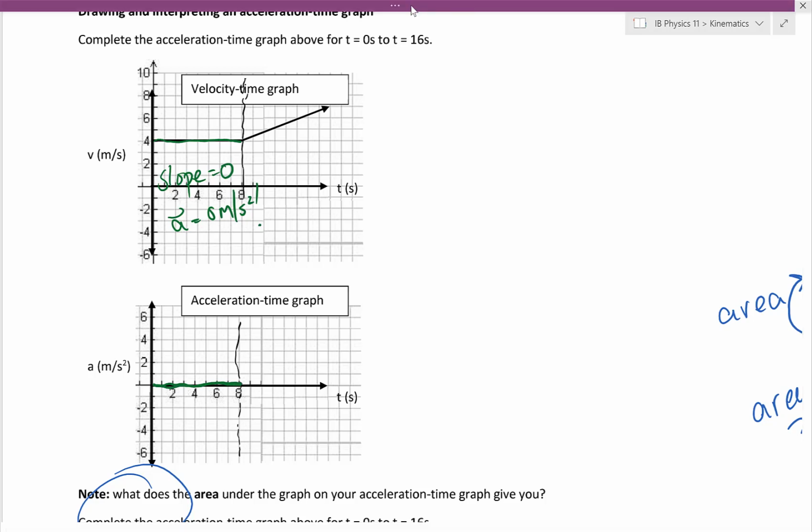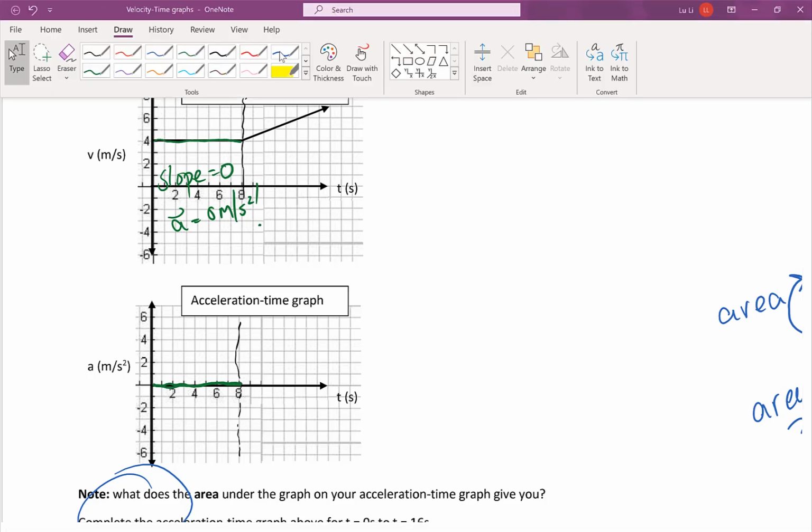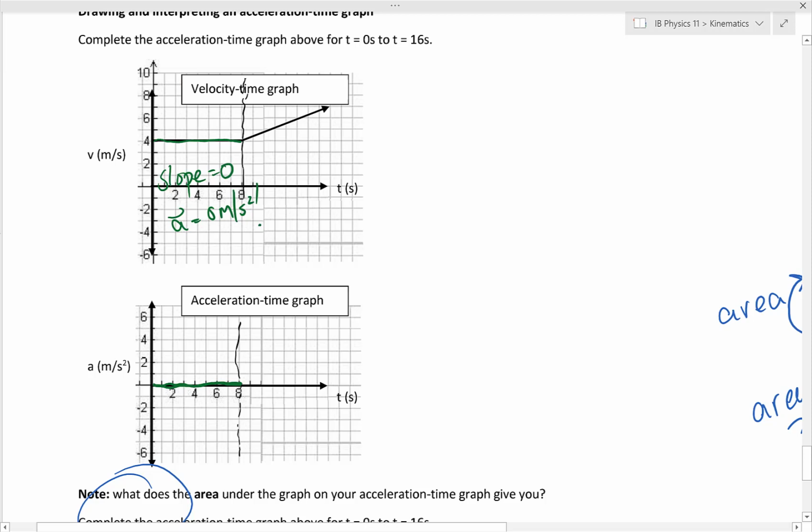The second part, we have the graph tapering upwards here at an angle, so we need to find the slope of this line to grab our acceleration here, and we know that slope is rise over run. Our rise is, the y-axis is going up by 1 every box, so I can just count the boxes, 1, 2, 3 for our rise.